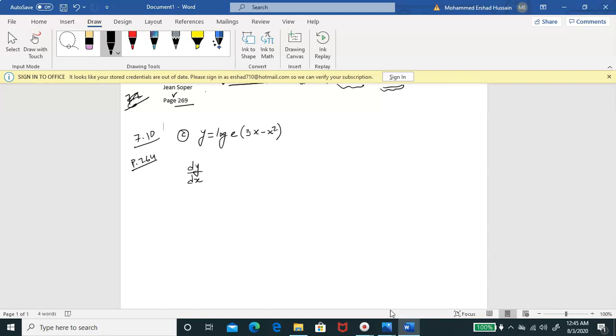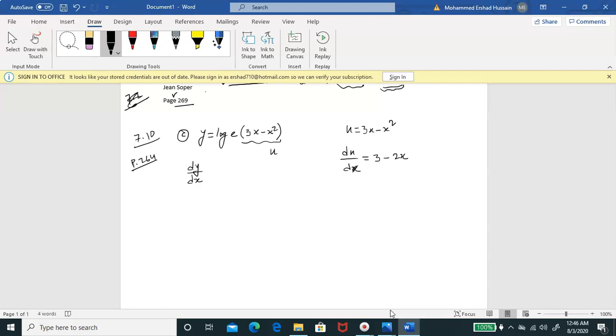So how are we going to do that? We will do it in two parts. Let us say that this one we make as u, right? So u is equal to 3x minus x squared. So let us differentiate with respect to x. So this is 3 minus 2x, right?